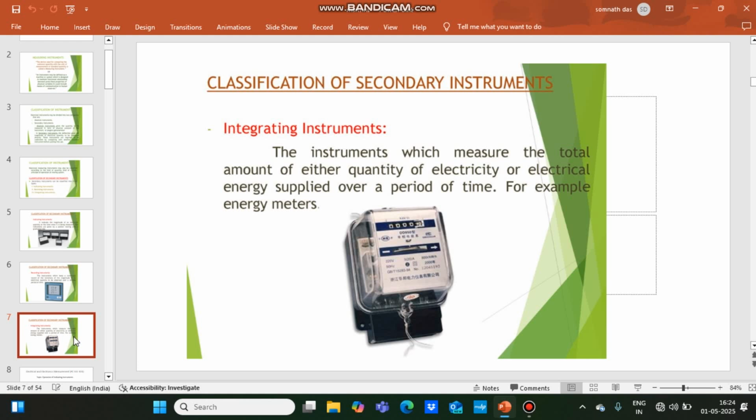If you want to measure the energy, we have to multiply the power with time. That means we have to integrate the value over a specified time period. For this reason, we apply this type of integrating instruments. Examples: energy meter, ampere hour meter, etc.